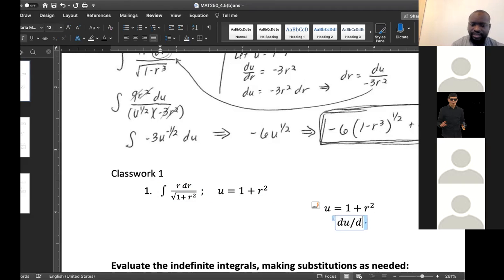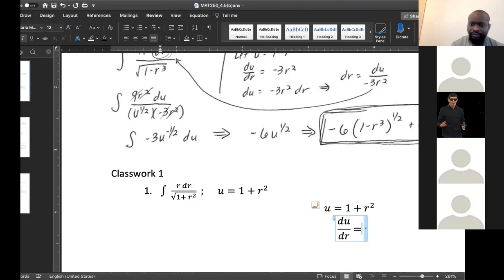So du dr equals 2r. So dr equals du over 2r. Okay. So I put this here in the integral problem.